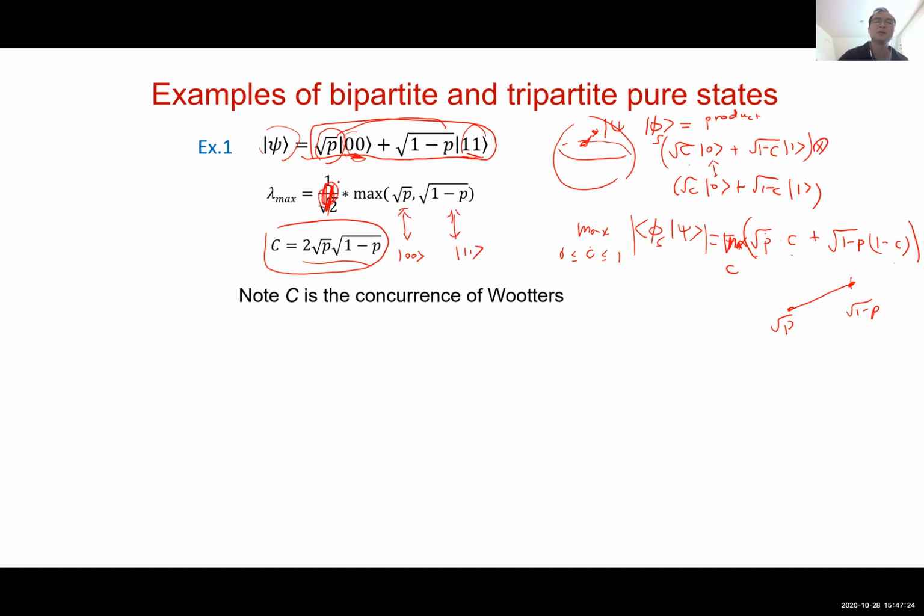There should not be a coefficient there. So in some sense, for the concurrence, it looks like that. For the maximal, I think it's something like that, square root. There's some curve.